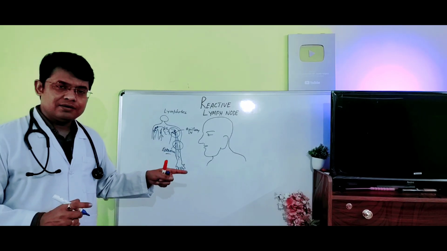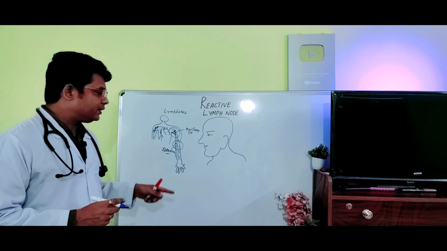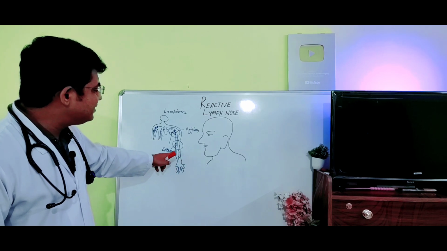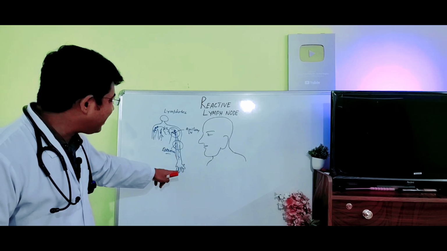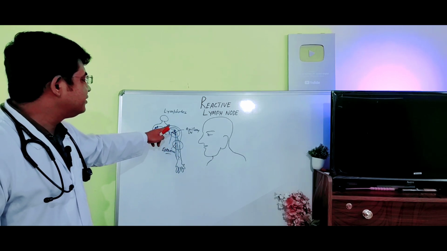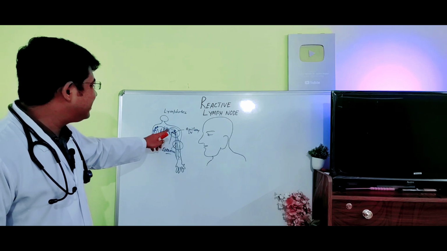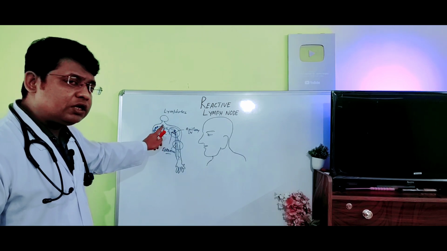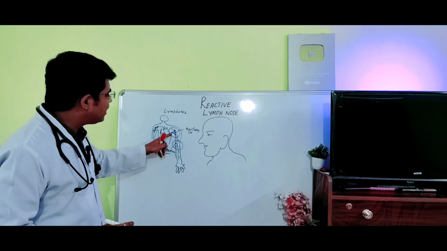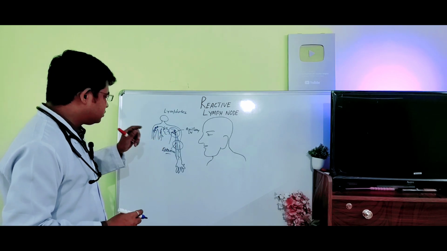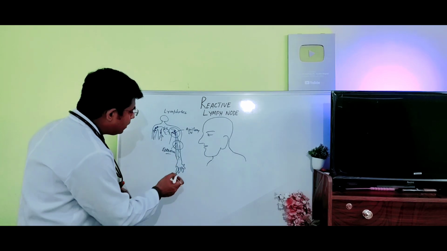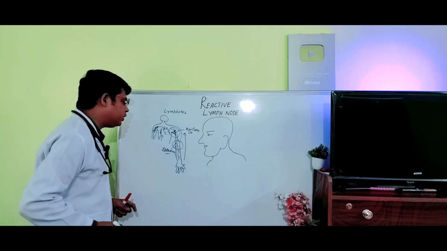The main thing I want to focus on here is that extracellular fluid from the distal part of our body is carried via the lymphatic vessels, and that excess fluid reaches the main circulation of our body. Along the course of the lymphatic vessels there are some lymph nodes. So the fluids are carried from the periphery to the center of the body.